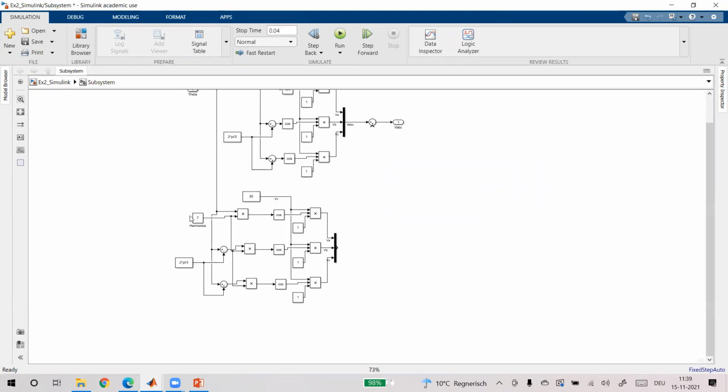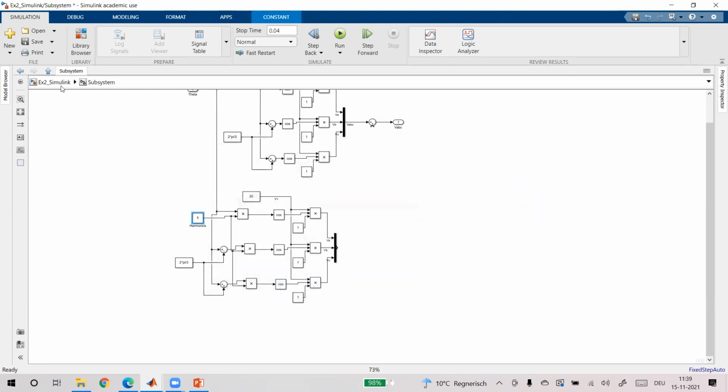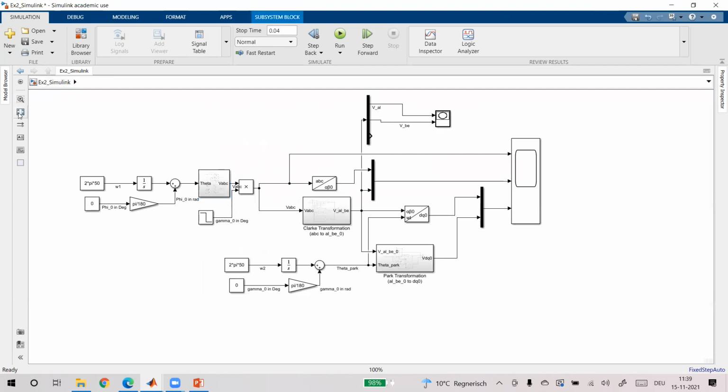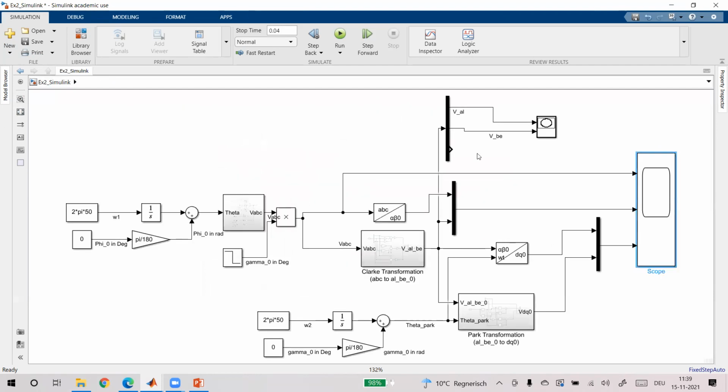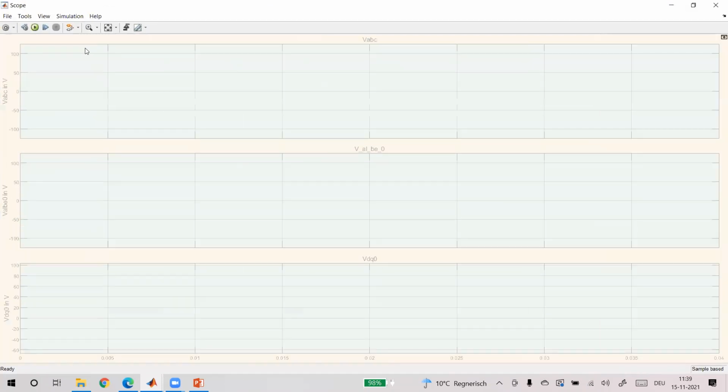I would keep this 20, then fifth order harmonics. I use the same Simulink model to get all the questions, so you can also try those things.